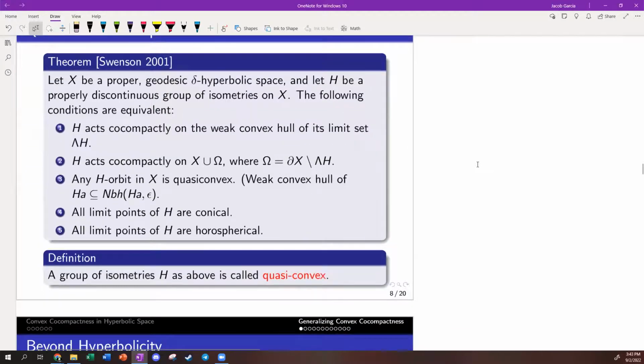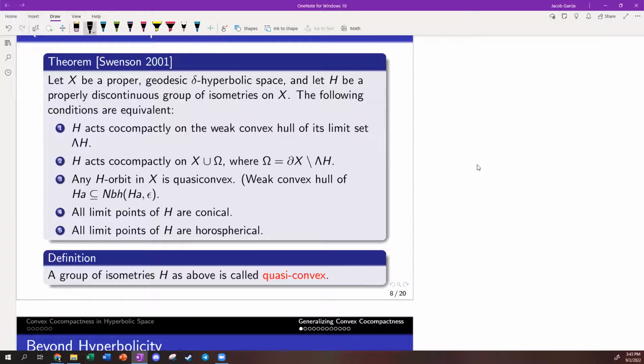So in 2001, Eric Swenson showed that the following five statements are equivalent. I'm not going to be going through them as carefully as I did the first time. Just note that this first property says that I have a co-compact action on some sort of convex hull of the limit set. My second one is I have a co-compact action on a domain of discontinuity. I have some sort of quasi-convexity inside of my space.